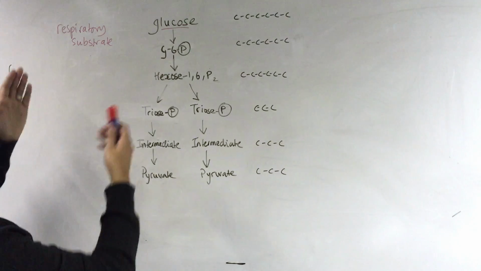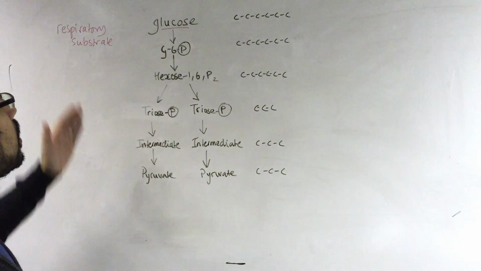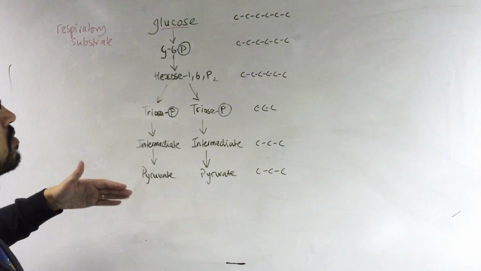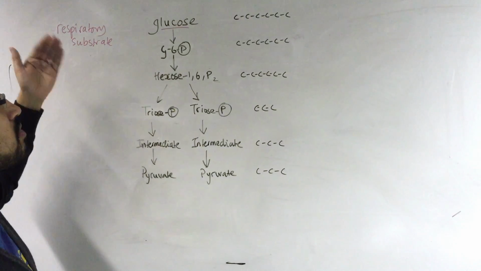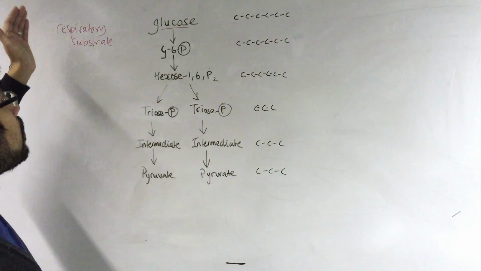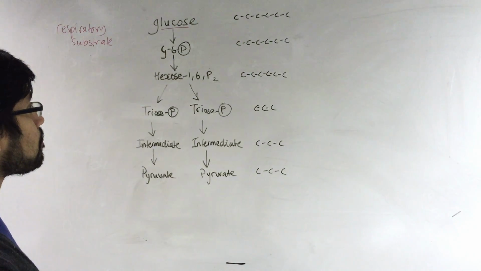Glucose is just one example of a respiratory substrate. Other things can enter. If you're starting with hexose sugars, it's not just glucose that can feed into this pathway. Other hexoses can also feed into the pathway.